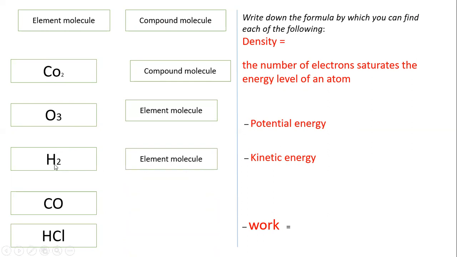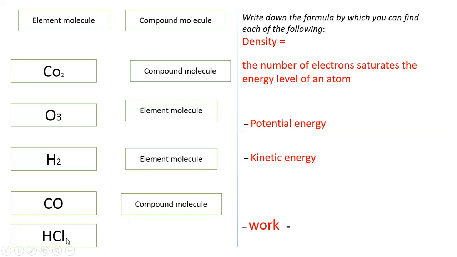Why? Because it's hydrogen, no other elements. So here only hydrogen. This one, carbon monoxide, yes, excellent, it is compound. Why compound? Because it has 2 different elements, carbon and oxygen.